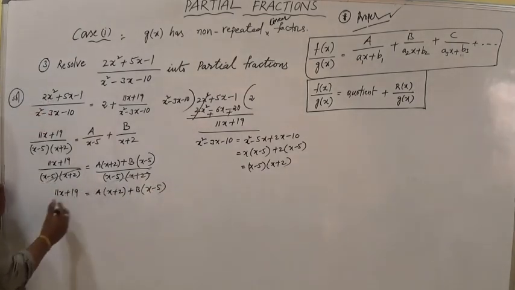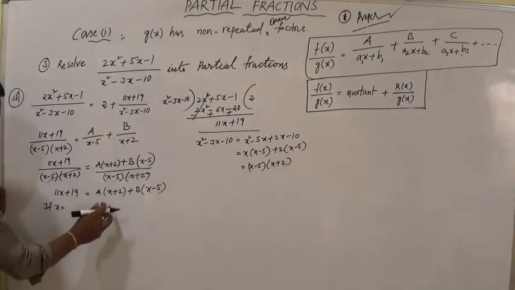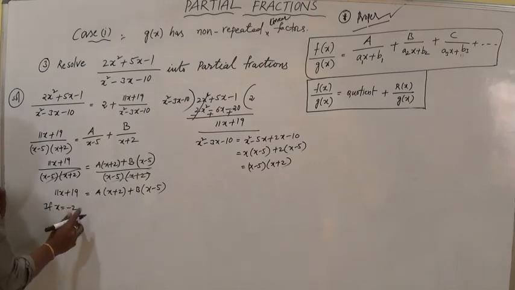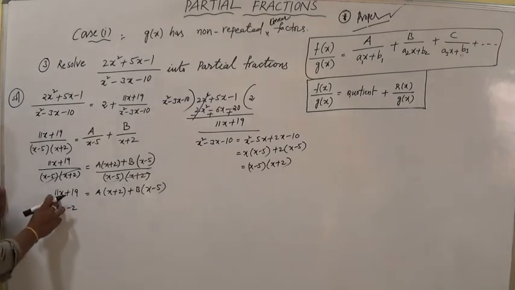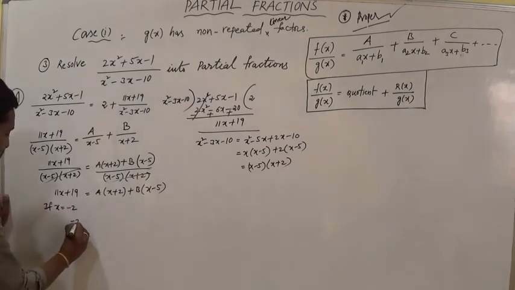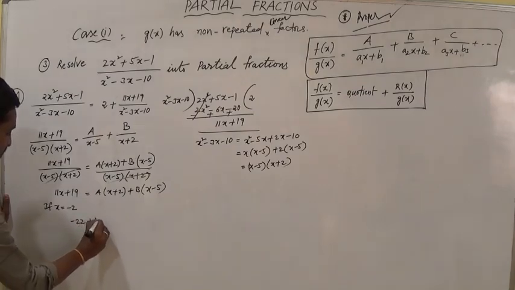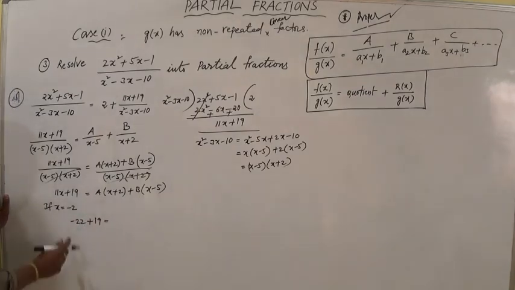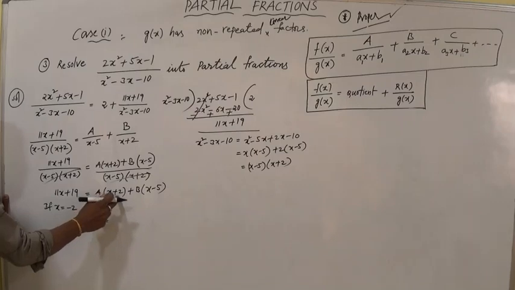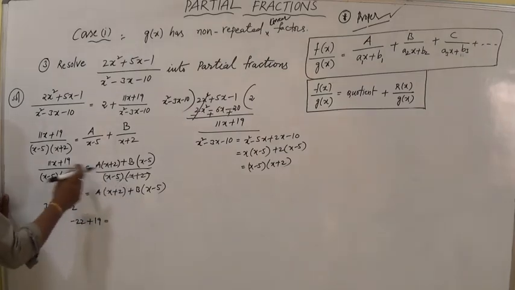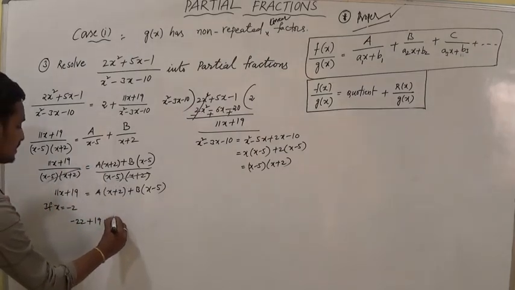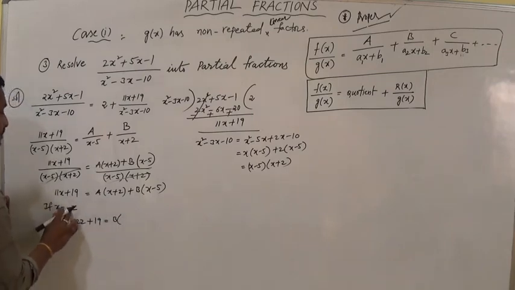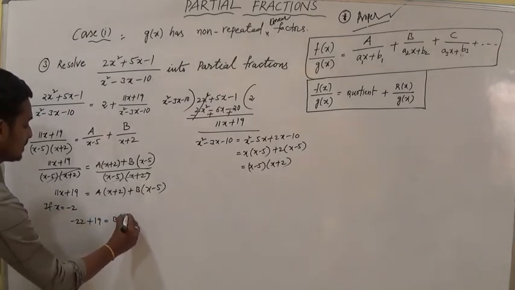Okay, so if x is equal to, what do we have to take? Here x plus 2 means x is equal to minus 2. Take minus 2 here. 11 into minus 2 is minus 22, plus 19, is equal to A into minus 2 plus 2, which is 0, the whole term is 0, plus B into minus 2 minus 5, which is minus 7.